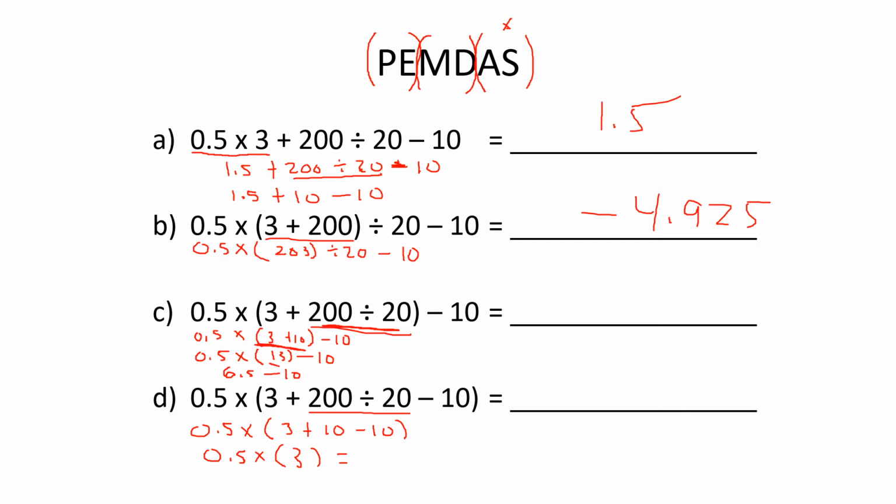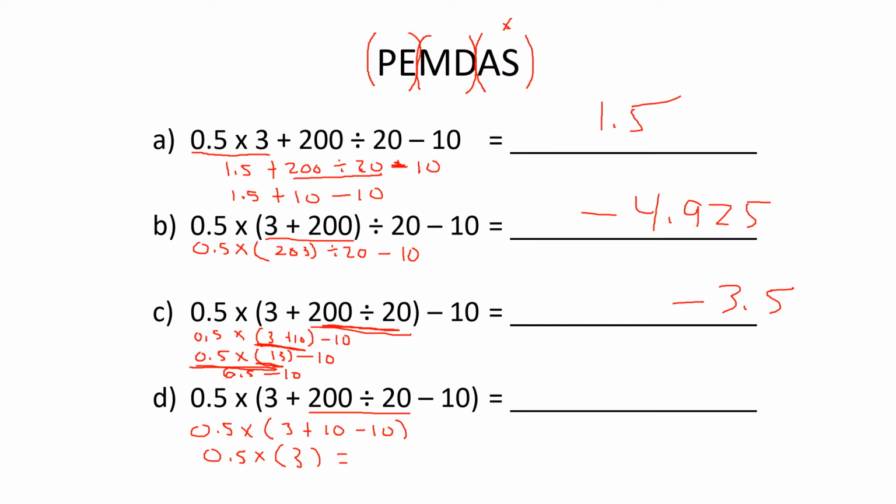It becomes 13. So multiplication versus subtraction, what do we do first? Multiplication. So we have to do the 0.5 times the 13 minus 10 equals 3.5. There you go.